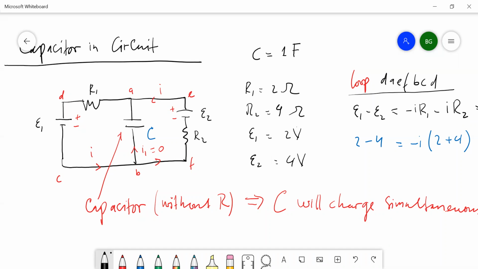How to calculate it? Riandito, how to calculate the potential difference between A and B?